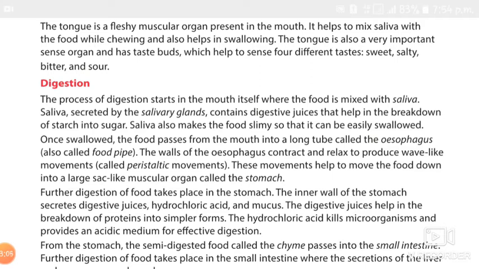Okay, after this, the food is passed to the next stage, which is absorption. We studied the examples and definition of absorption.